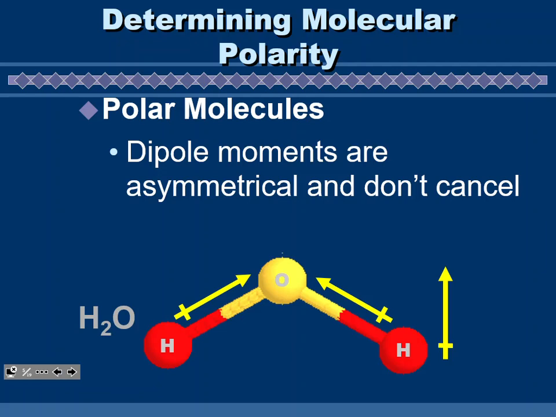Also, the shape of water is bent, with lone pairs on the central atom of oxygen, which is going to indicate to you that it is not symmetrical, and therefore is going to throw off the idea of being nonpolar. Symmetry is off due to the lone pairs. The dipole moments pull towards the oxygen, and therefore this would be polar.